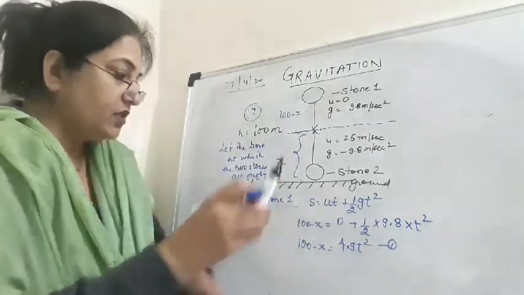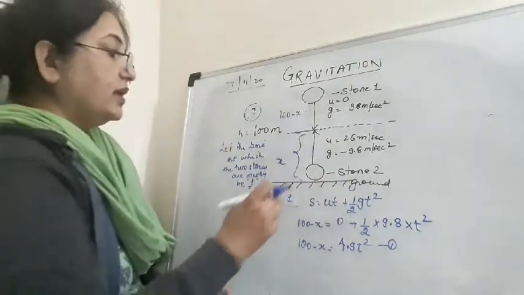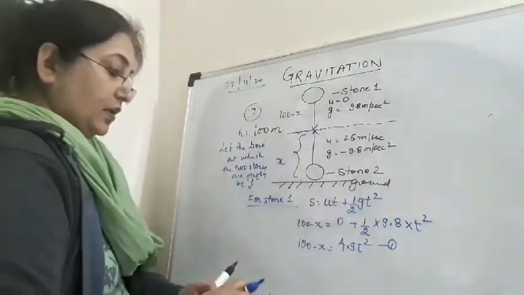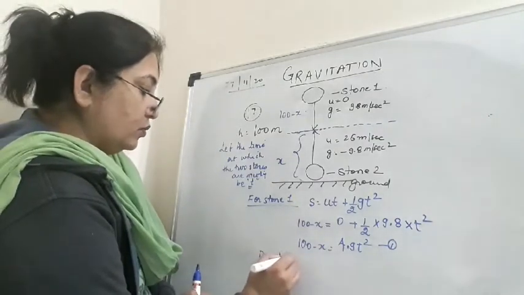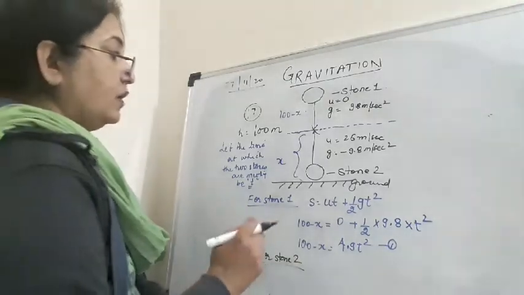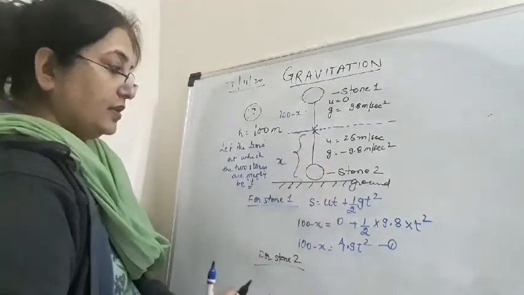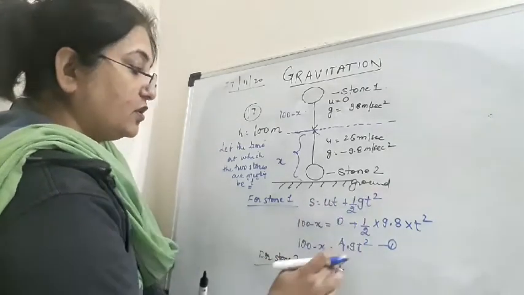Now this is for stone 1. Let us take stone 2, the one which is being thrown up. I hope, children, you are following what I am explaining. For this we write s equals ut plus half gt square.